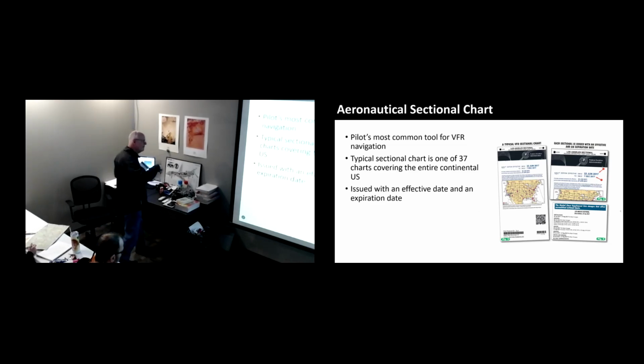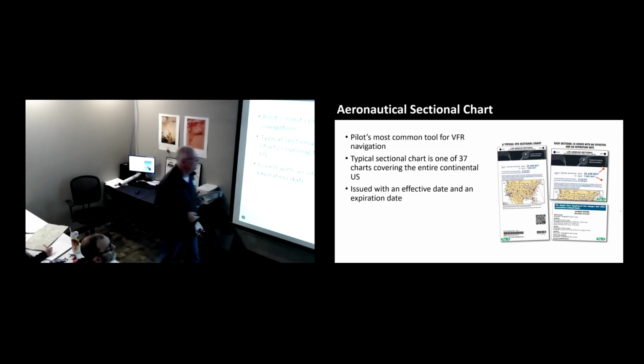They have an effective date and an expiration date. And I thought it was interesting because VFR sectional charts are good for 56 days. 56 days. Look here, 15 June to 10 August, 56 days. I'm not quite sure where this one came from. 22 June to 7 December.